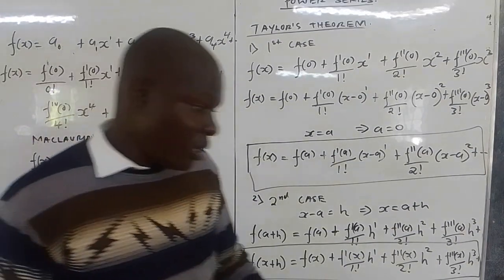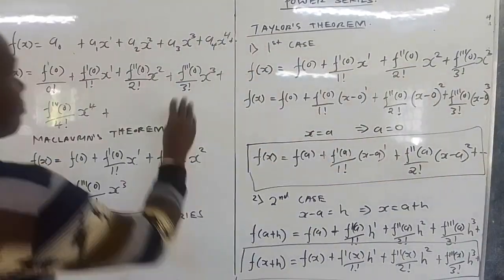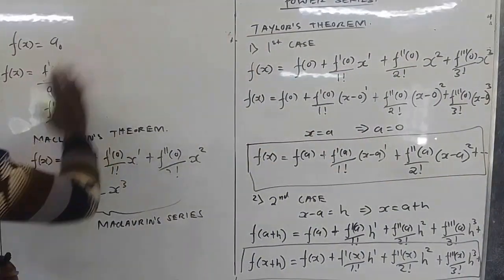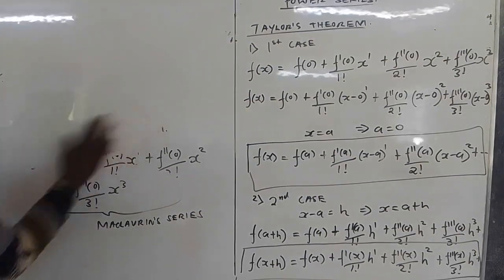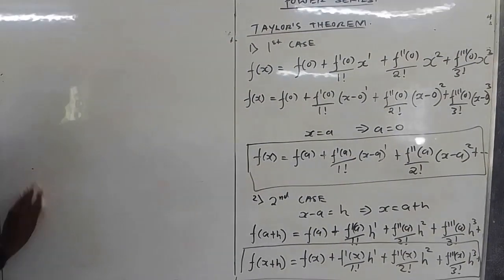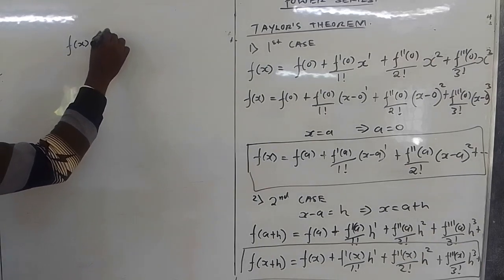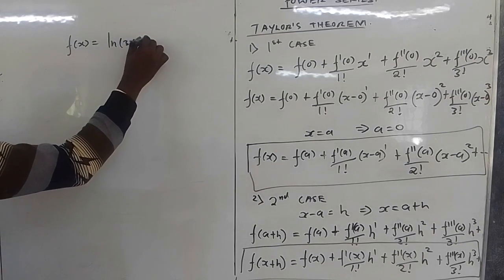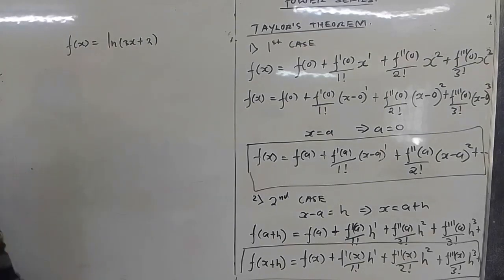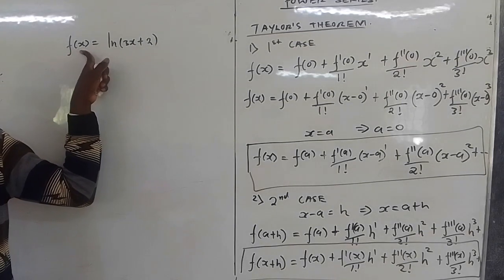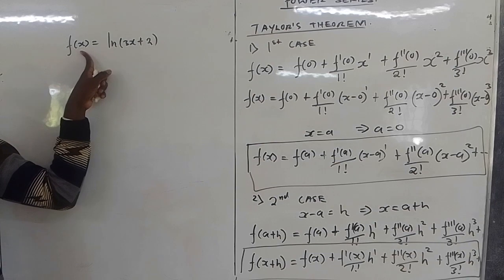So, sometimes you will be given a function like this. If somebody gives you a function f of x to be equals to ln of 3x plus 2. So it means this is the function f of x. Meaning you expand it as a function f of x.